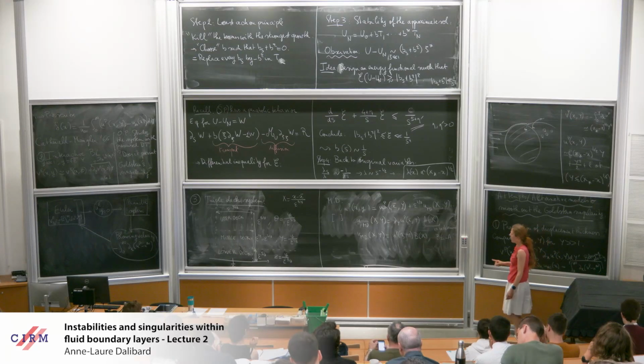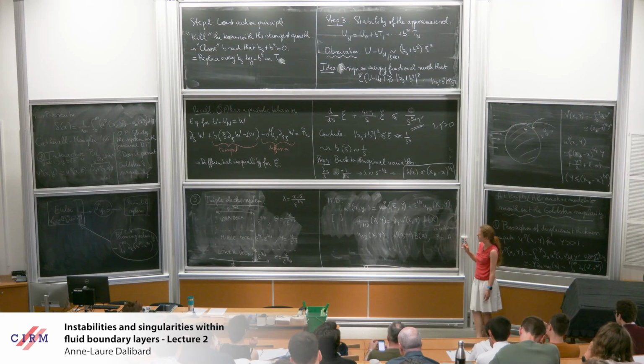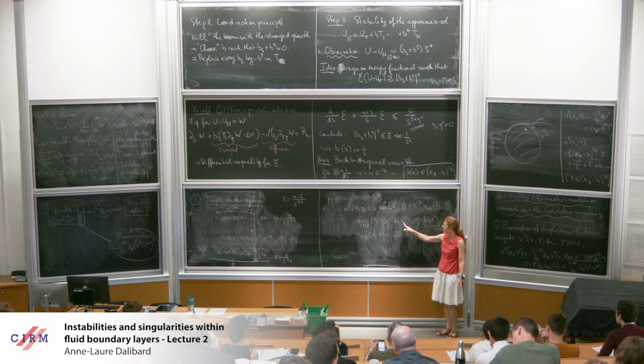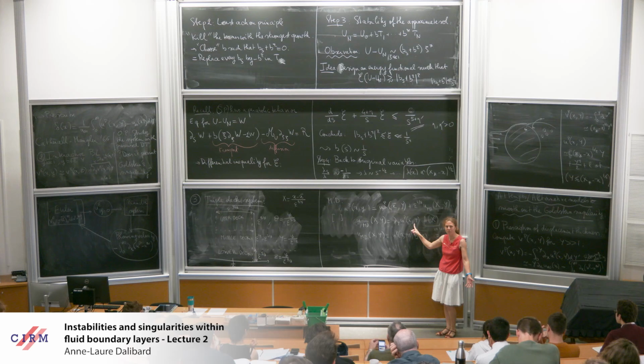Okay? The frustrating thing to me is the following. All the derivations I know of the triple deck are always in the regime where this is non-zero on the boundary. In other words, you are not at the separation point. So I don't understand what is the purpose of all this.